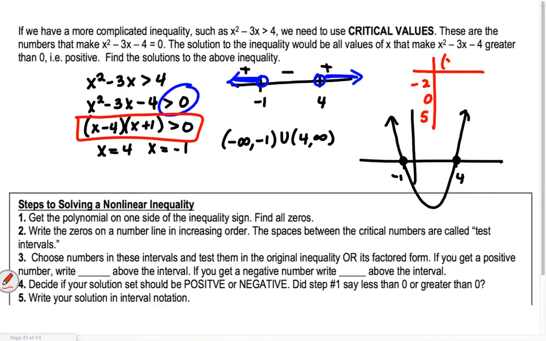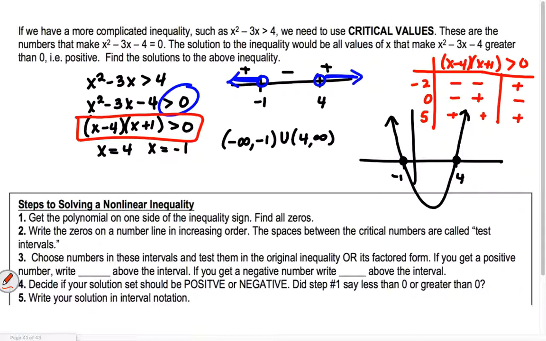Then we would check it in x minus 4 and x plus 1, and we want it to be greater than 0. When I plug in -2, I get a negative and a negative. When I multiply, they become a positive. When I plug in 0, I get a negative times a positive, which is a negative. Does that make sense? And for 5, I have positive, positive, which multiply to a positive. So you can do that process if you want, but if you just know what the graph looks like, save yourself some time. Okay? So we'll do a couple of these.